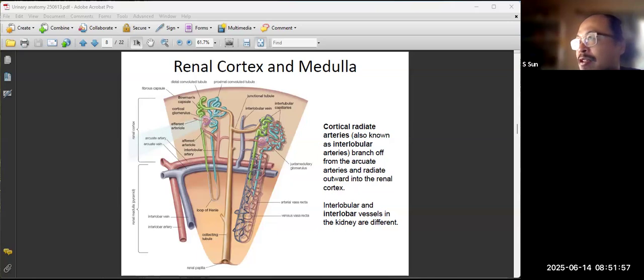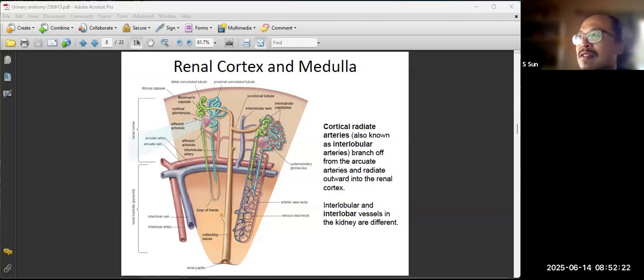So Bowman's capsule goes to the proximal convoluted tubule, basically because Bowman's capsule is the interface in the beginning of the urine. It gets the urine from the blood, and that blood goes into the glomerulus.